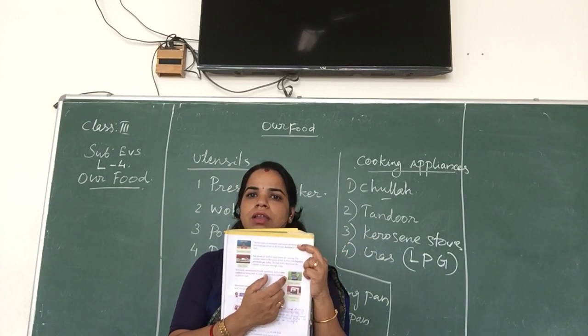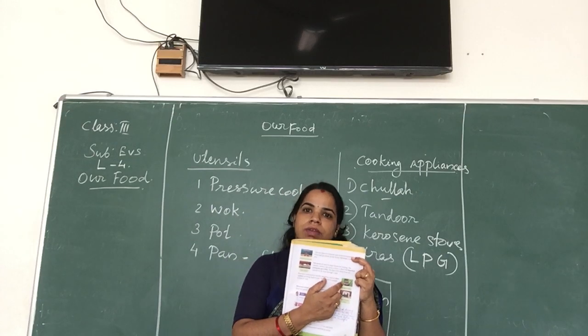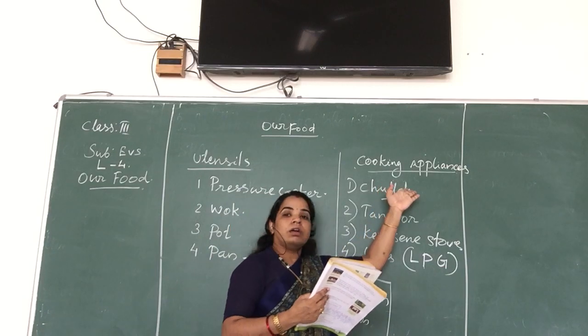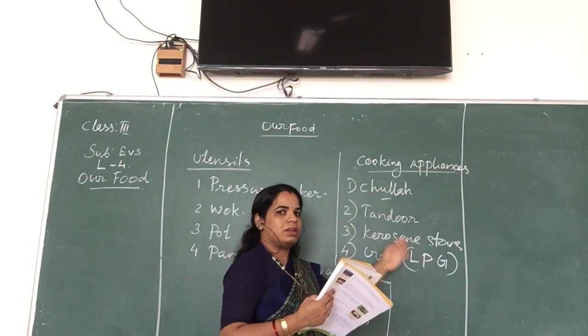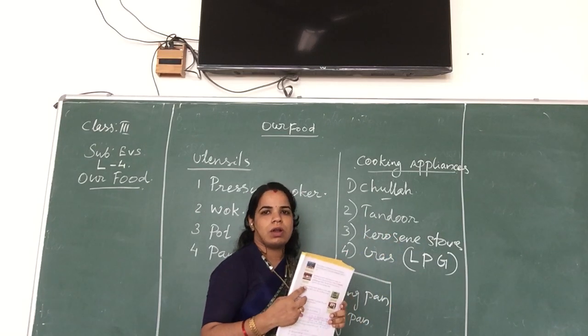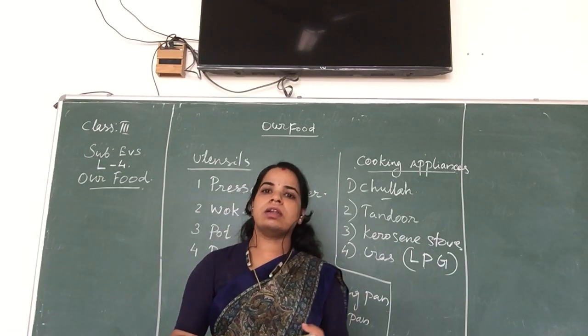If there is no sunlight, it is not working. At night time also it is not working. But it is very good because there is no need to use wood, cow dung, or any other gas, not even LPG or kerosene. We do not need any of that in the solar cooker. That is known as the solar cooker.